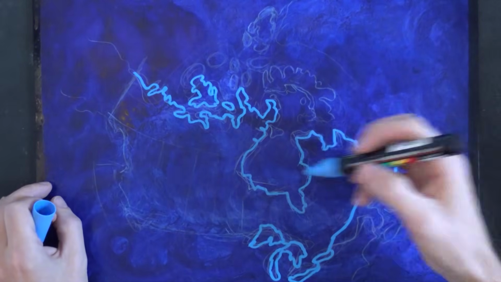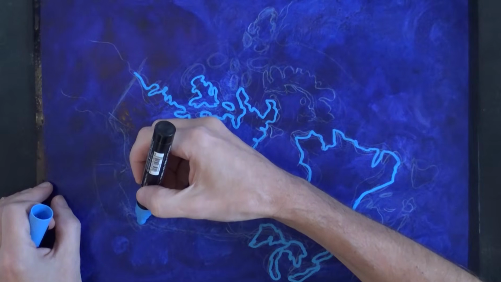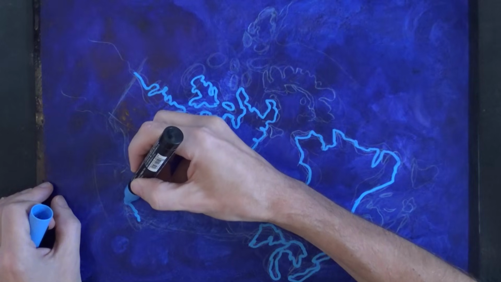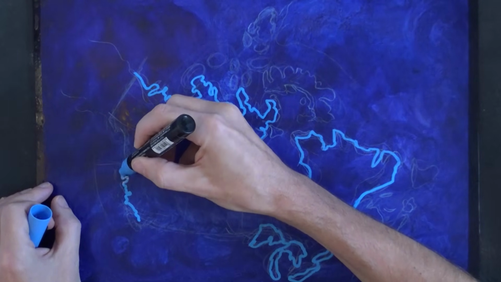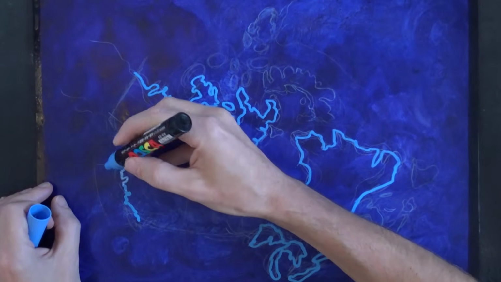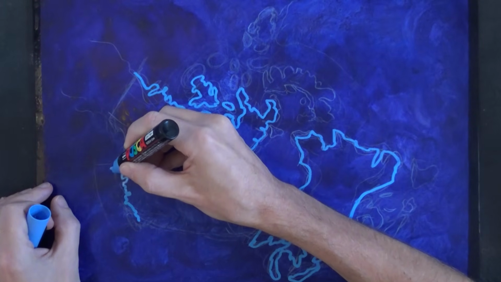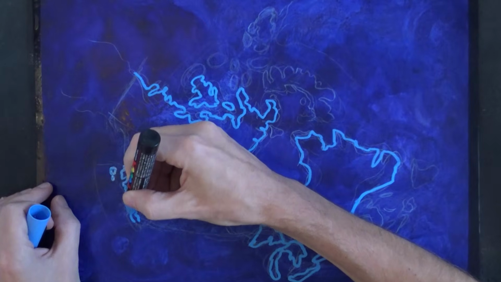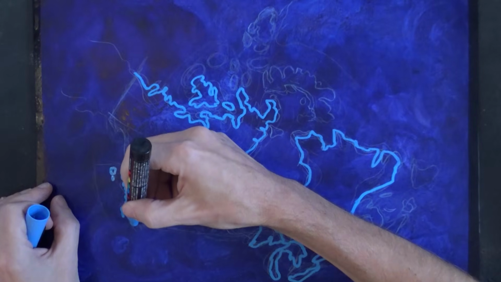Then we have the next coastline here, the western coast, Graham Island, and this big island here, Vancouver Island.